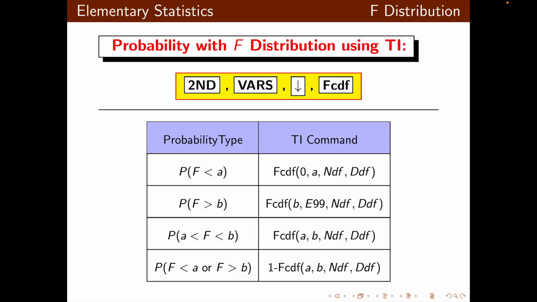This chart will tell us how the command looks in different situations. The FCDF takes 4 entries: lower, upper, numerator degrees of freedom, and denominator degrees of freedom. You'll see these in the next few examples.